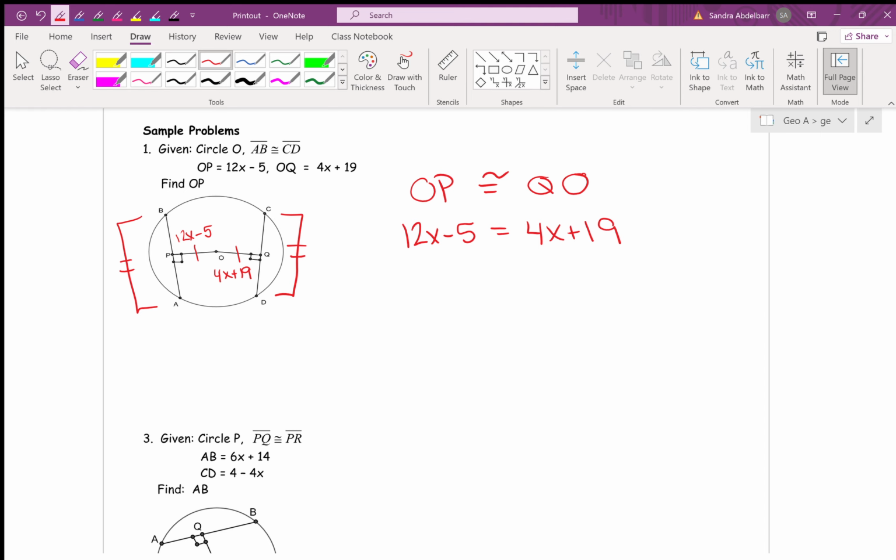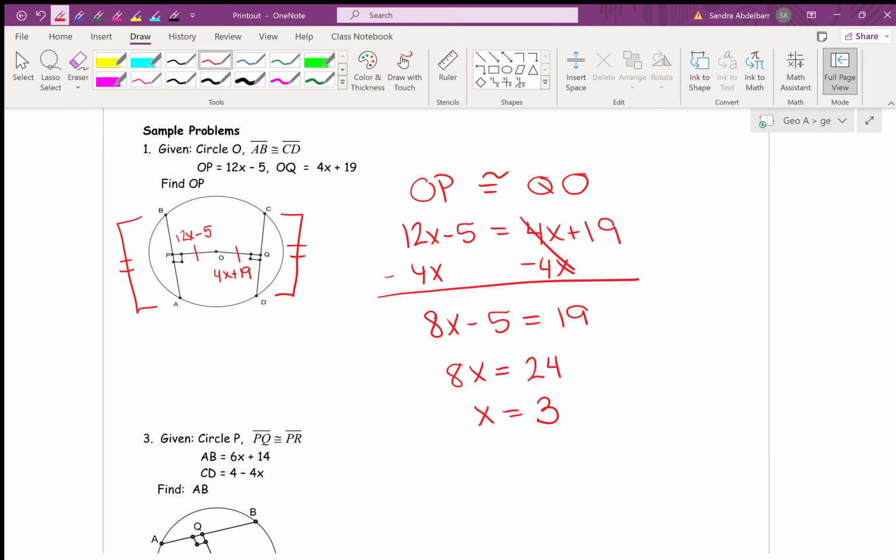Now we solve. So I'm going to subtract 4x on both sides, and we're going to have 8x minus 5 is equal to 19. We're going to add the 5 on both sides, so 8x equals 24, so x will equal 3. I wasn't asking for x. What was I asking for? Yes, OP.